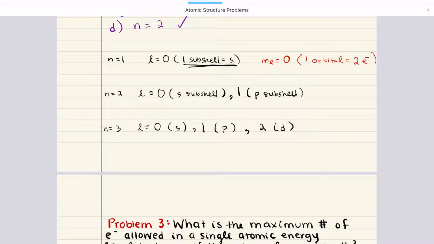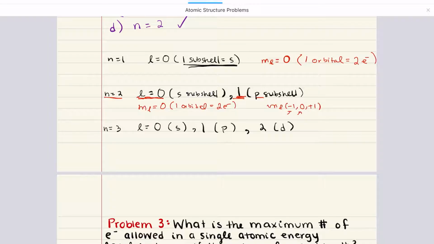When N is equal to 2, L can equal 0 or L can equal 1. When L equals 0, ML can only be 0, which means that there's only one orbital in that 2s subshell, which can house only 2 electrons. But when L is equal to 1, we're talking about that p subshell. That means ML can be -1, 0, or +1.